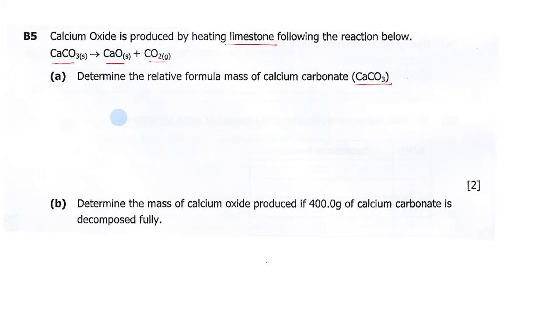So relative formula mass is the sum of the relative atomic masses of the atoms or elements in the compound. Let me just define it so that you understand what it is. Oh no, I'm defining relative atomic mass when I'm supposed to be defining relative formula mass.